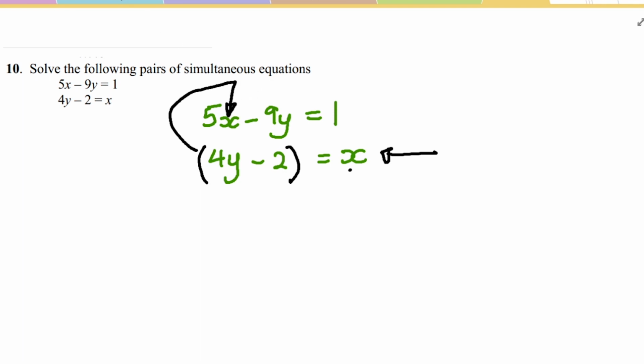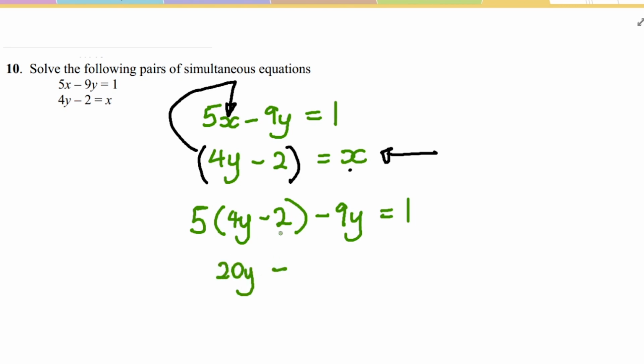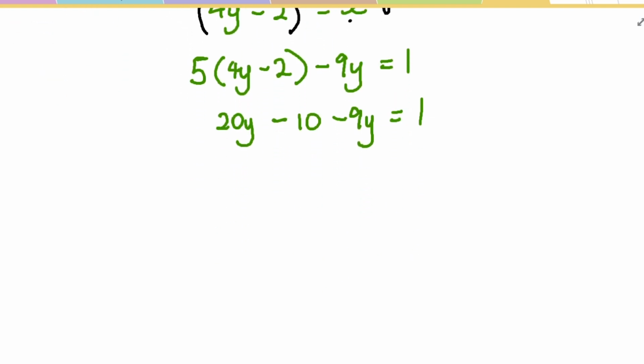That's what we call substitution. So this is 5 into the value of x, we put 4y minus 2, minus 9y is equal to 1. So 5 times 4y is 20y, and 5 times negative 2 is negative 10, then minus 9y is equal to 1.